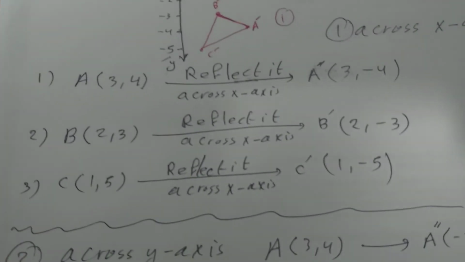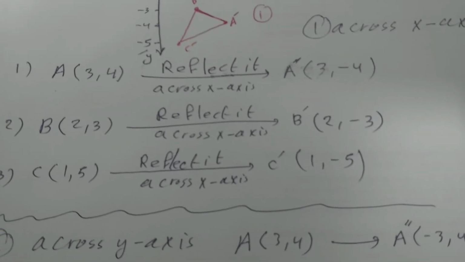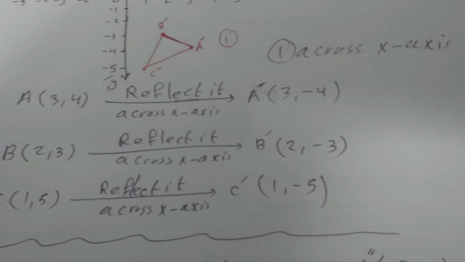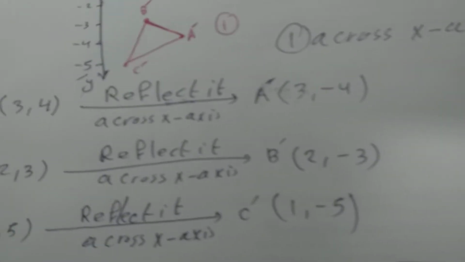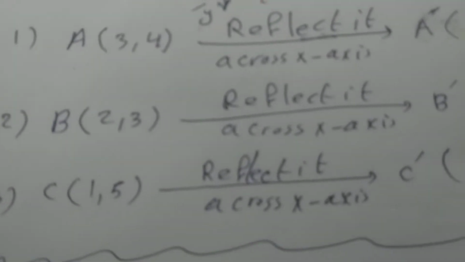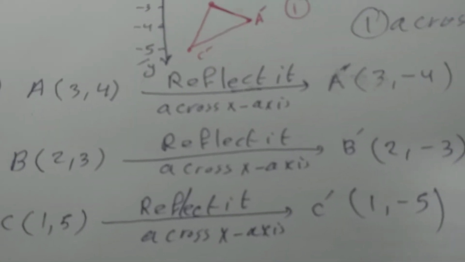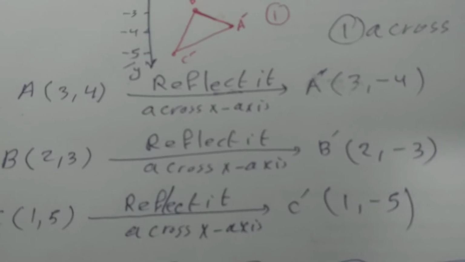Now, the first thing I need is to find the image across the x-axis. The first point, A(3, 4), I reflect across the x-axis. It becomes (3, -4).